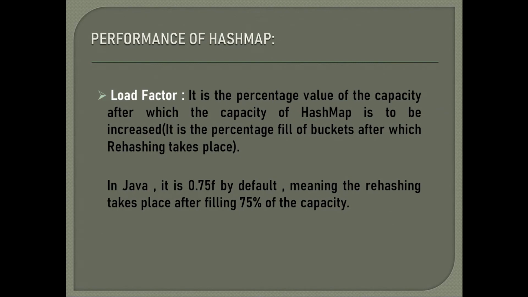It is the percentage fill of buckets after which rehashing takes place. In Java, the default value of load factor is 0.75f, meaning rehashing takes place after filling 75% of the capacity. So if 75% of the capacity is full in the HashMap, then rehashing takes place.